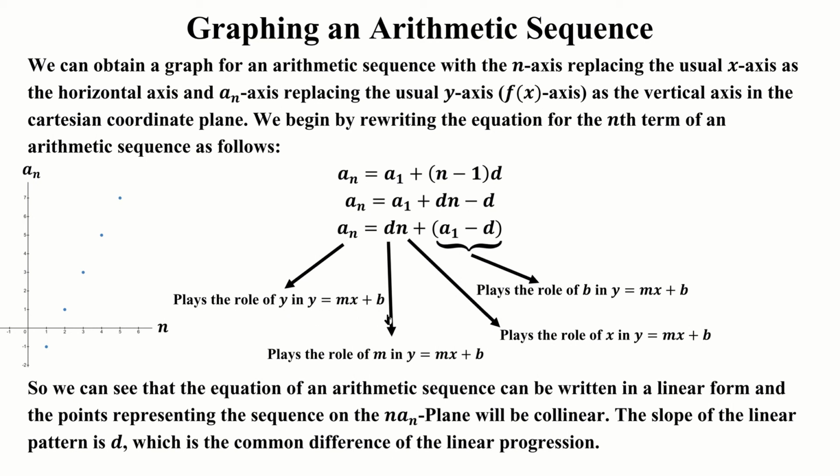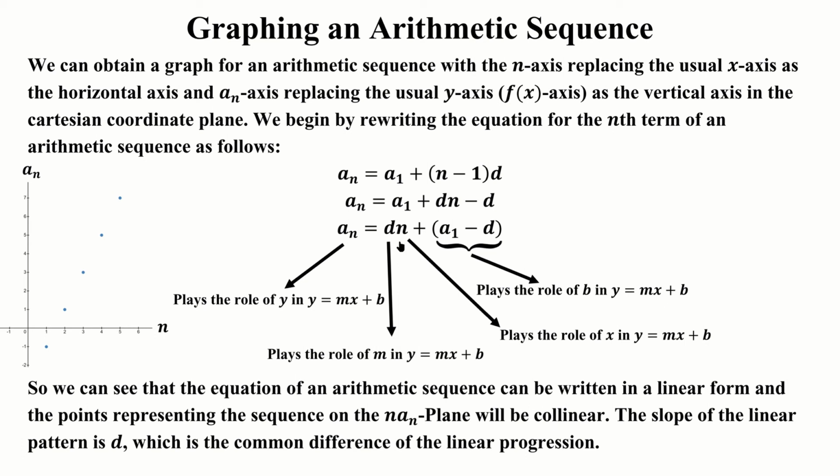The d, the common difference, plays the role of m in y equals mx plus b. The n plays the role of x. And this difference here is just a constant, right? a1 is a constant, d is a constant, so their difference is a constant. That is what replaces the y-intercept in the usual y equals mx plus b.